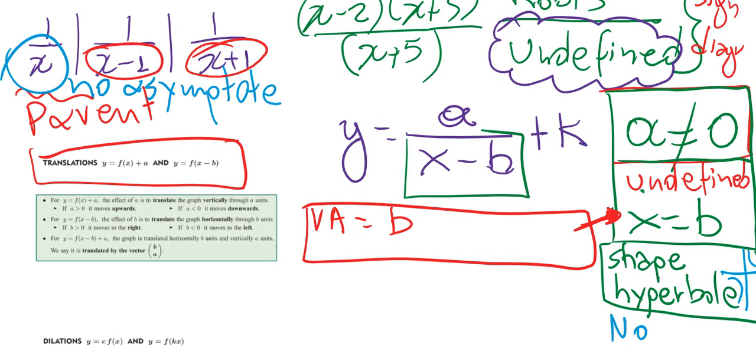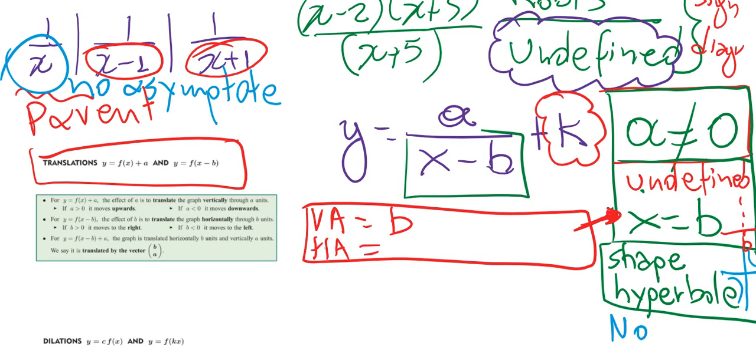I remind you, on the sign diagram, imagine that was the b, and we used to put the dotted line to demonstrate the asymptote. Also, what is my horizontal asymptote in this case? My horizontal asymptote is given by k.